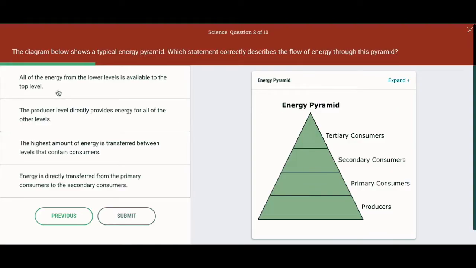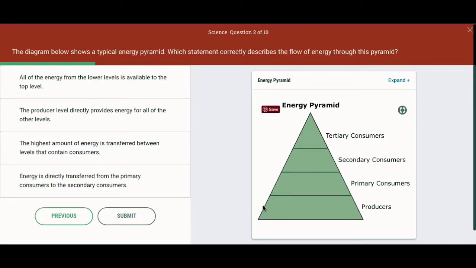So let's reason our way through the question. A: all of the energy from the lower levels is available to the top level. So we already can see that that's false, right? Because we know that at each level, there's less energy available, so that's false. B says that the producer level directly provides energy for all of the other levels. And what you're supposed to see is that the producer level is directly below the consumers. So see that the producers and the primary consumers touch each other here, and the tertiary consumer level touches the secondary consumer level on the pyramid.